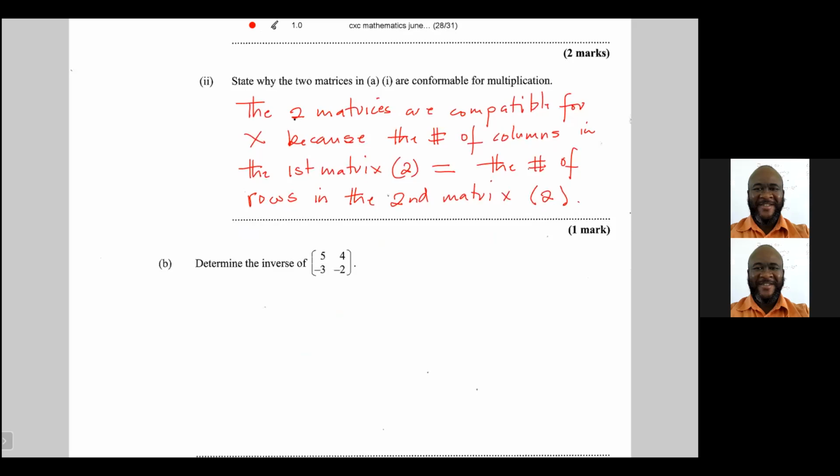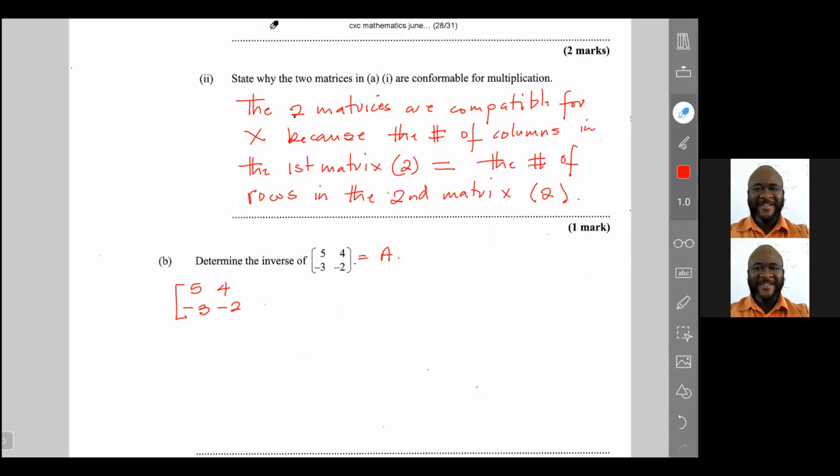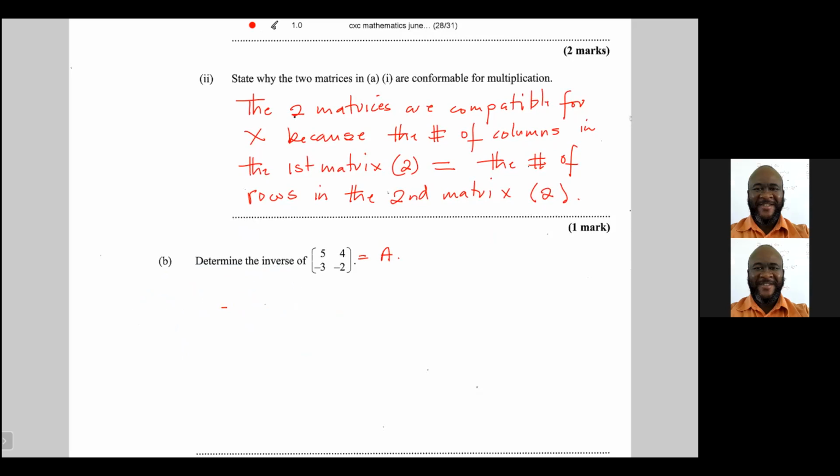Next, we're asked to determine the matrix inverse. So the matrix is 5, 4, minus 3, minus 2. Let's call it matrix A. Might be easier to just do that.